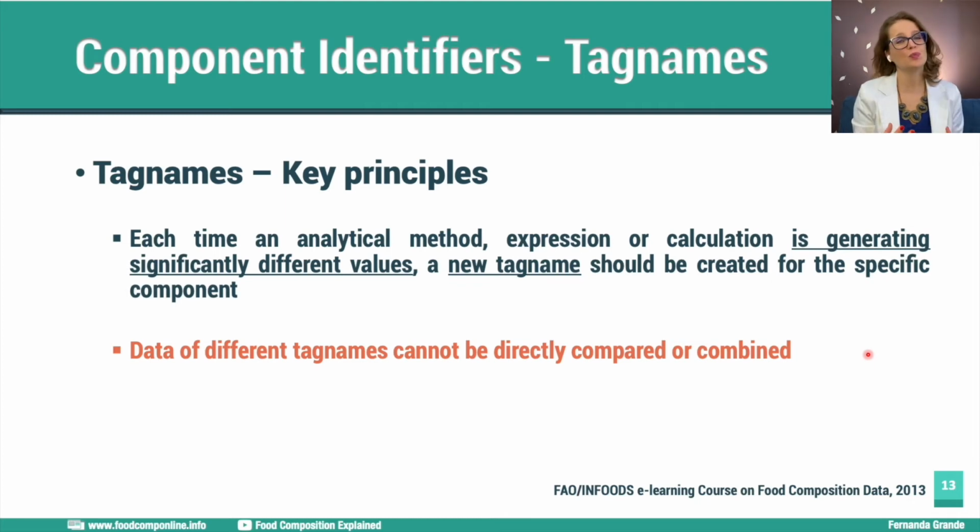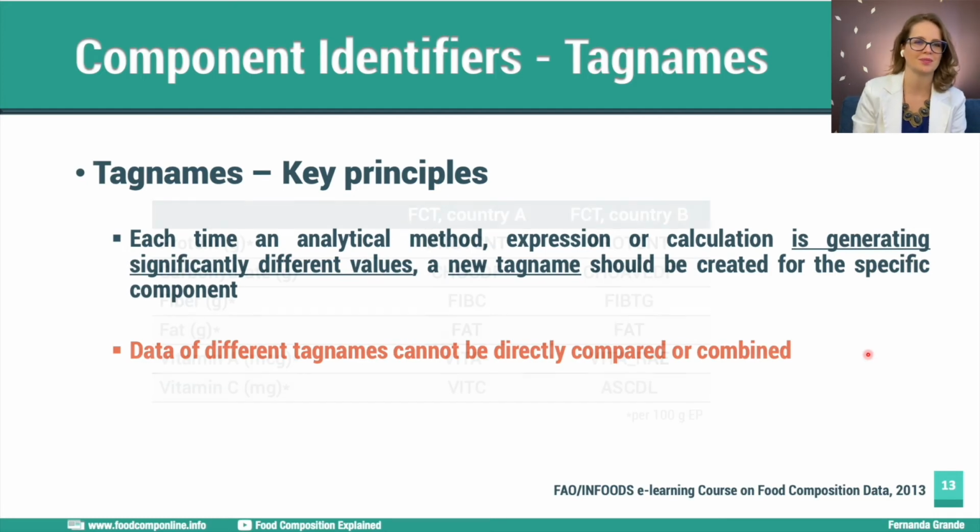If it's not possible to know which tag name should be assigned to a certain component, a lot of care should be taken before using the values, and maybe you will not be able to use the data from a food composition table where the component identification is not clear and complete.